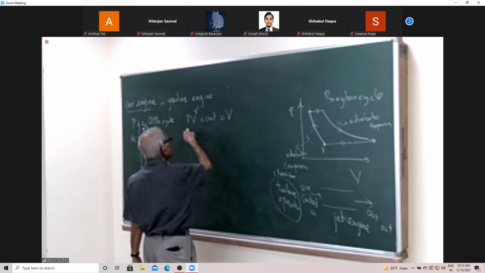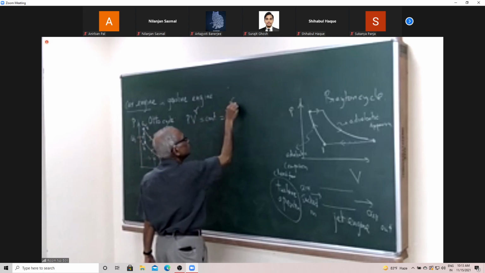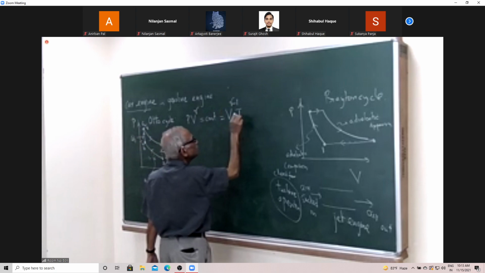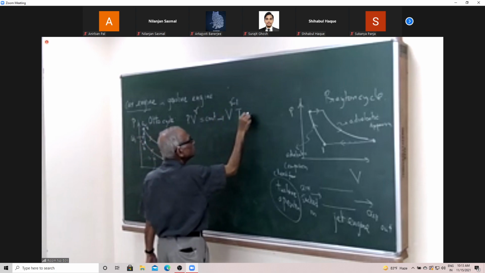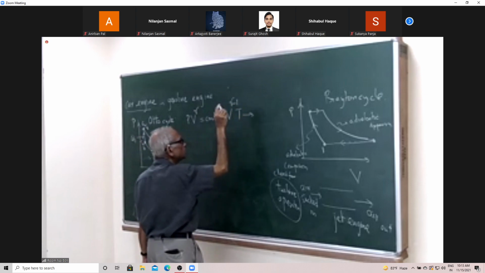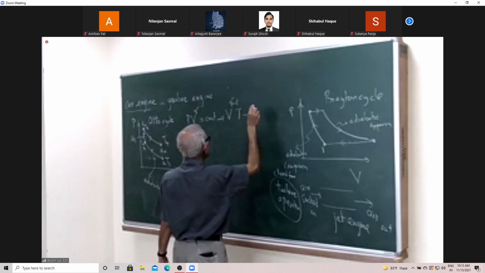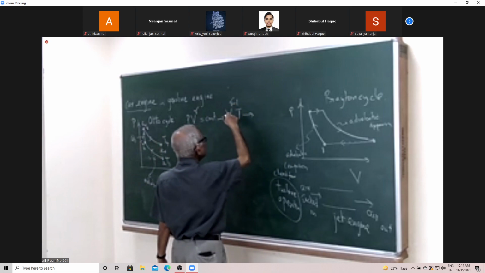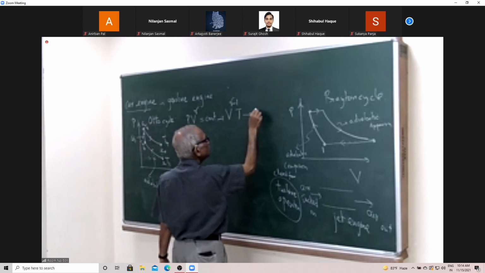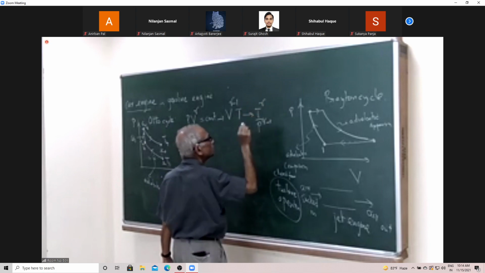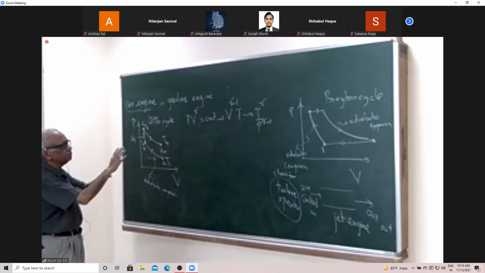So this becomes RT over V to the power gamma minus 1 times T. And then the other constant is T to the power gamma by P to the power gamma minus 1. So these are three different forms.